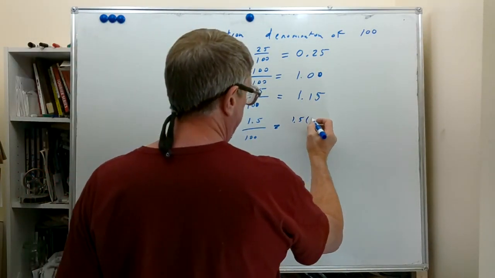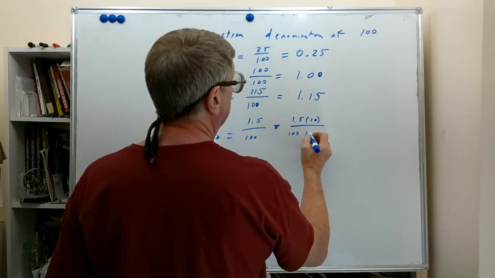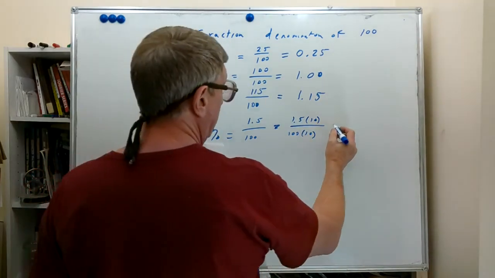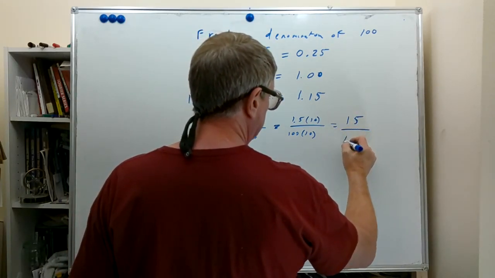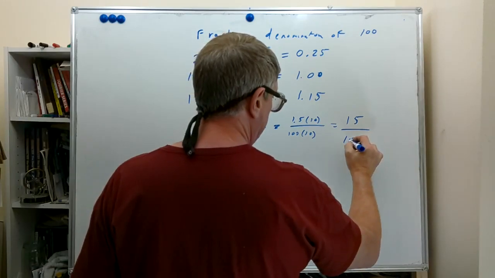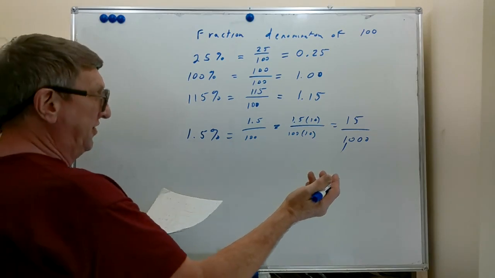We can do that. We multiply by 10 over 100 times 10, which gives us 15 over 1,000. Now this allows us to do the division very simply.